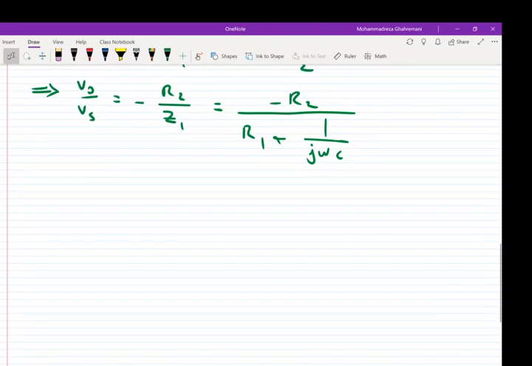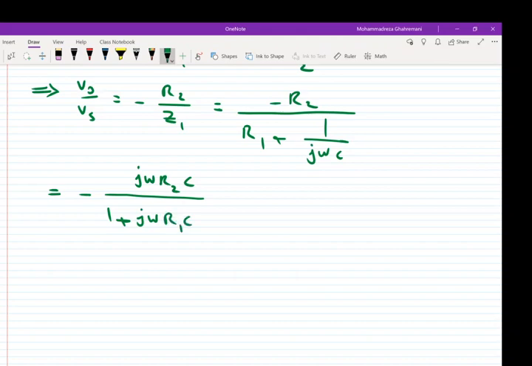This fraction is equal to negative j omega R2C over 1 plus j omega R1C.